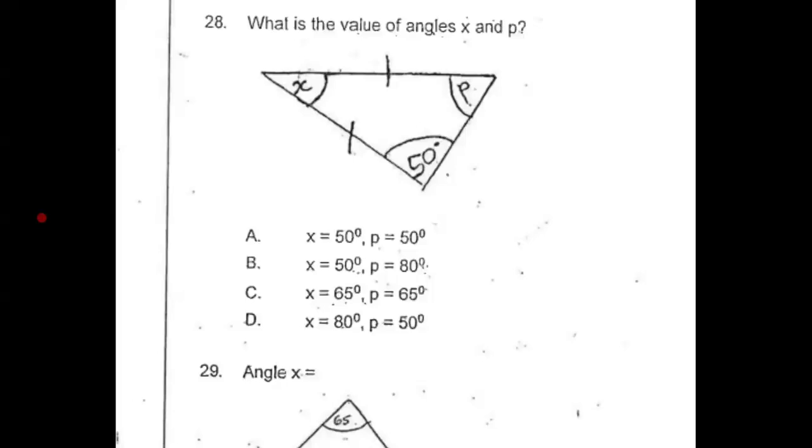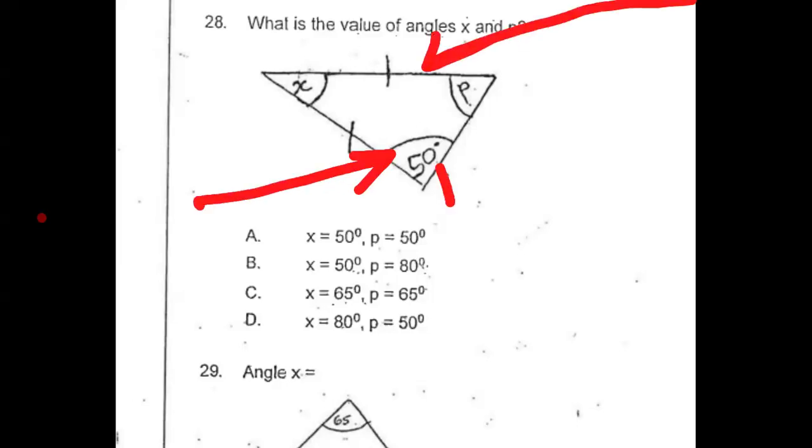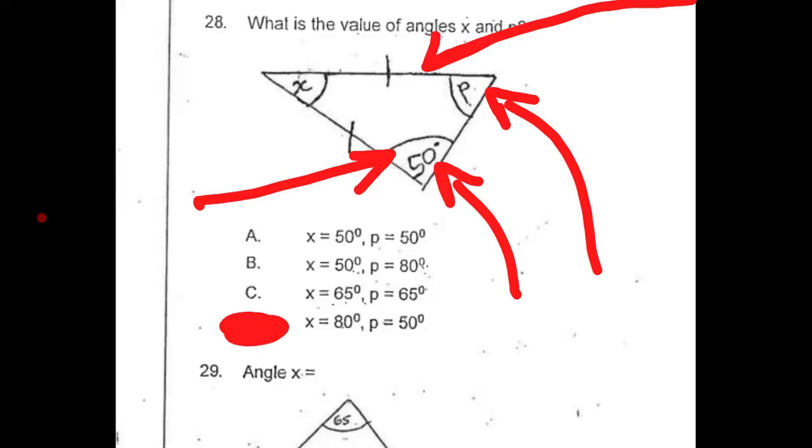So based on their logic, this line is the same as this line, and this angle is the same as this angle. So they're saying that P is equal to 50. So if that's the case, this is supposed to be the answer, even though it doesn't make sense, but you just have to work with what they give you.